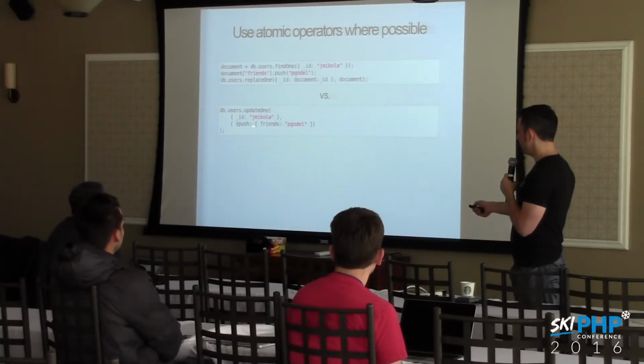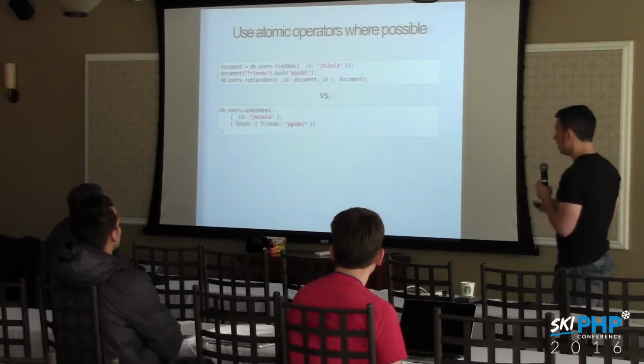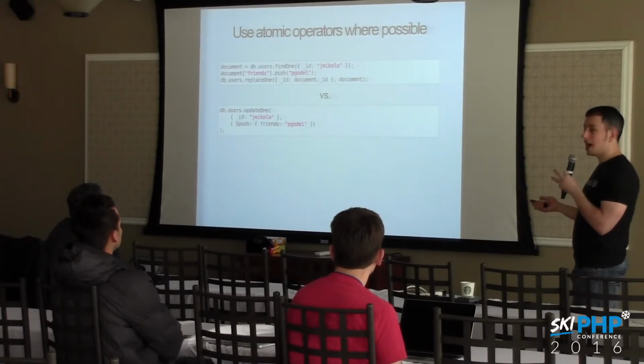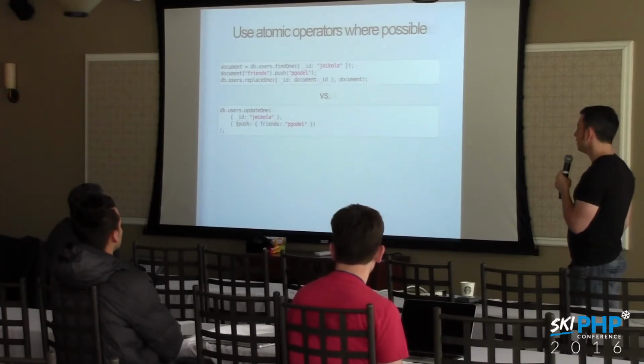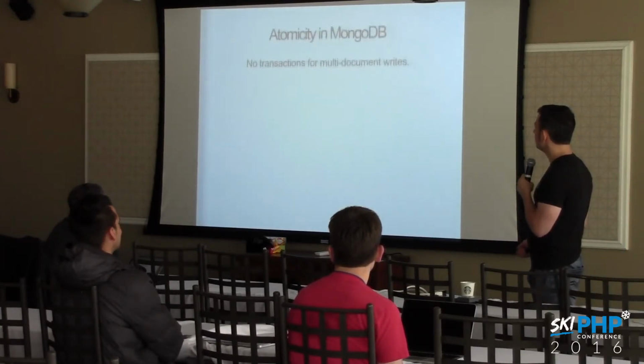This way, I can have 50 threads all doing the same pushing, and they're each going to be appending to the array, and no one's going to clobber each other. Granted, I could end up inadvertently adding Pablo Vidal twice, in which case there's an add to set operator I can use instead, so that it wouldn't add him if he already existed in the array. But generally, you want to use atomic operators where possible.